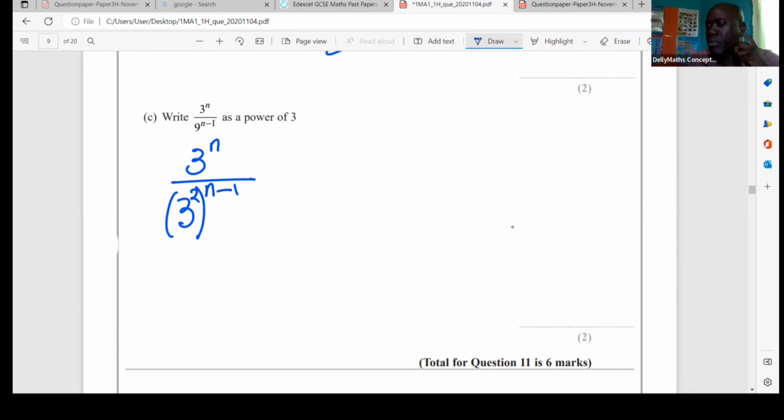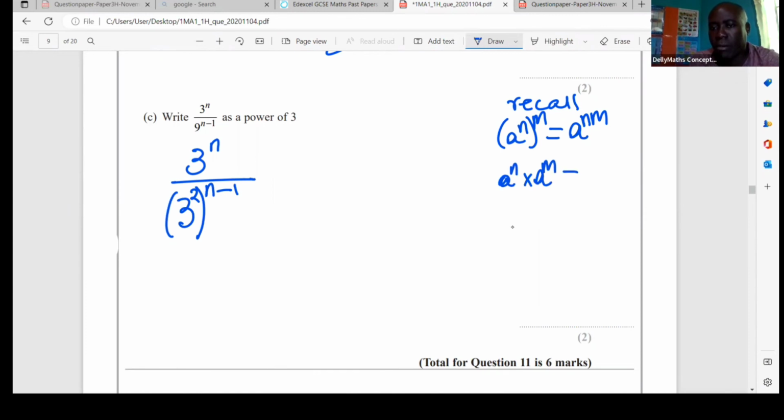Bear in mind that we have to recall a few things from indices. If a to the n is raised to the m, it is equal to a raised to the nm. When a power is raised to a power, we multiply the powers. If we have a to the n times a to the m, it is the same thing as a to the n plus m.